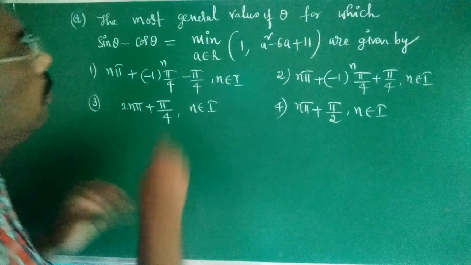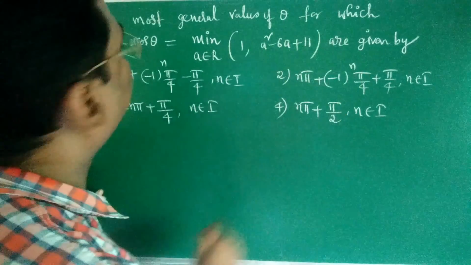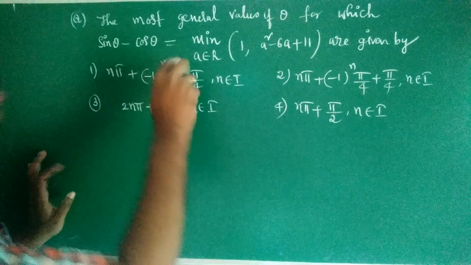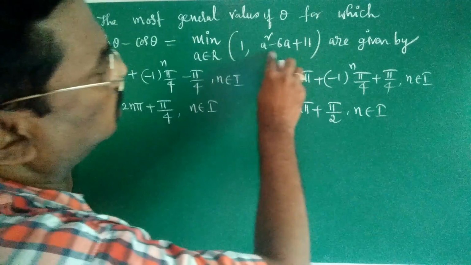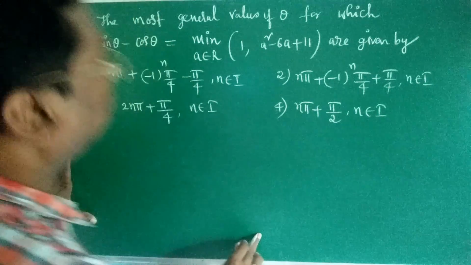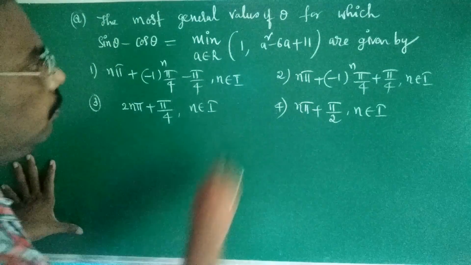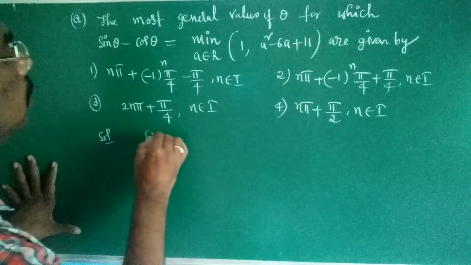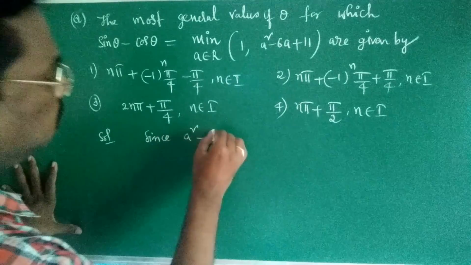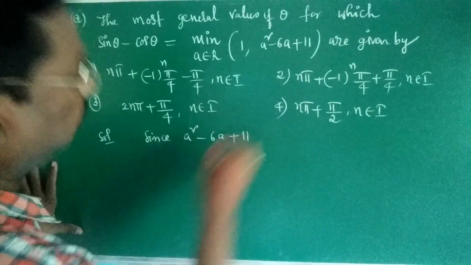Next one. The most general value of θ for which sin θ - cos θ is equal to the minimum of (1, a² - 6a + 11) is given by. Now take a² - 6a + 11.